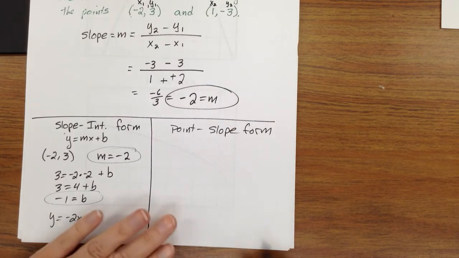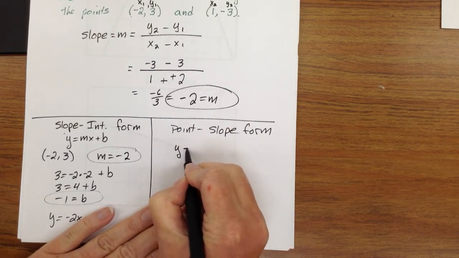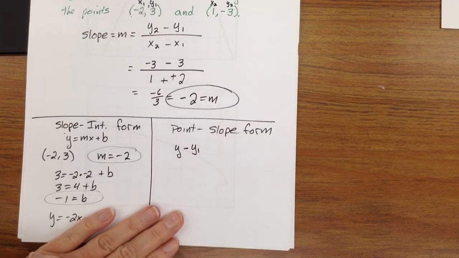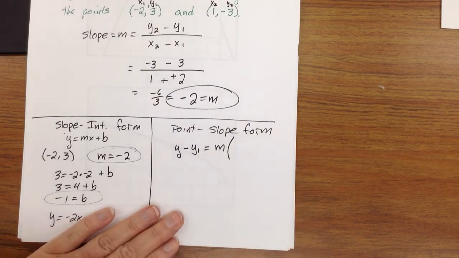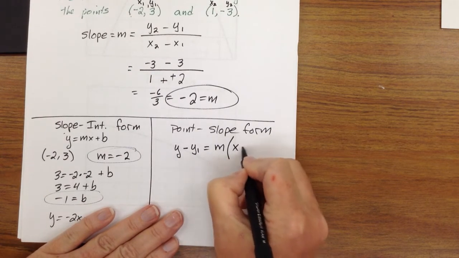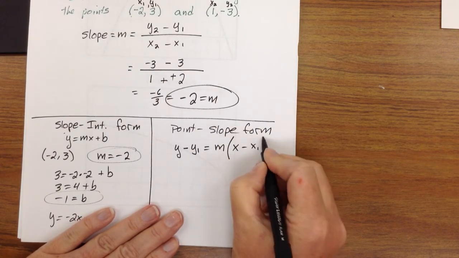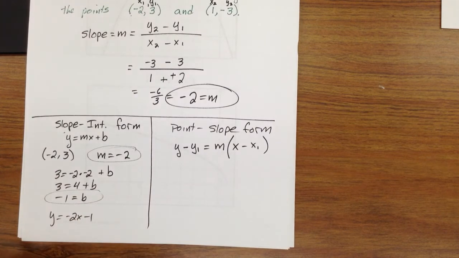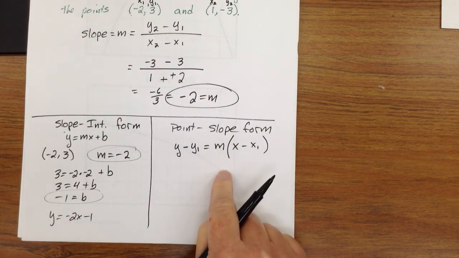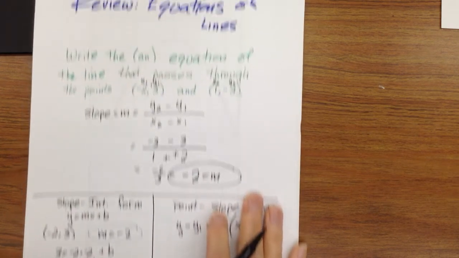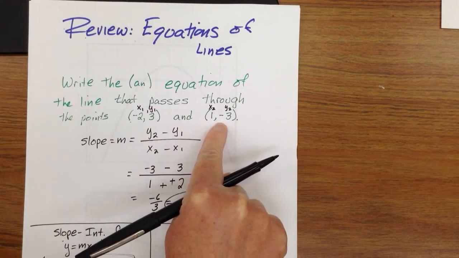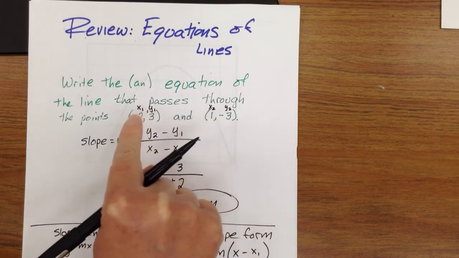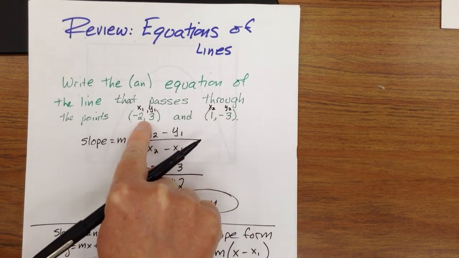What does point-slope form look like? y minus the y coordinate of a point equals m times x minus the x coordinate of the same point. The reason I like this is I already know 2 points. I'd only need 1, but I've got 2. You can pick either point. Again, it does not matter.